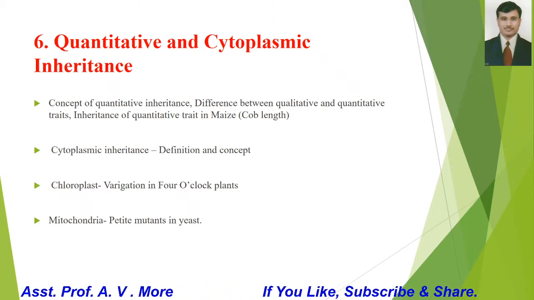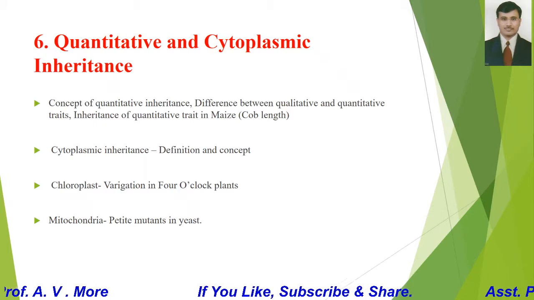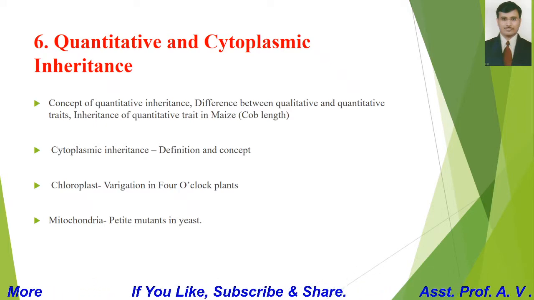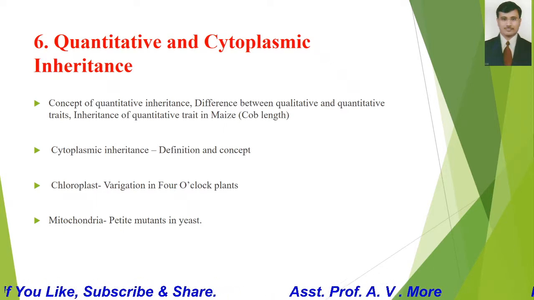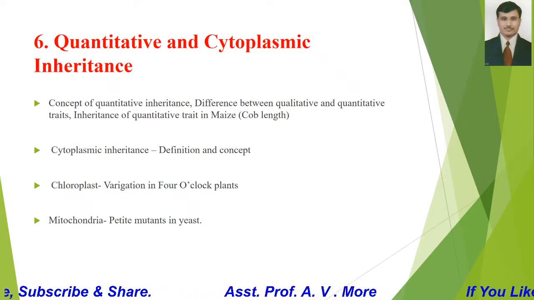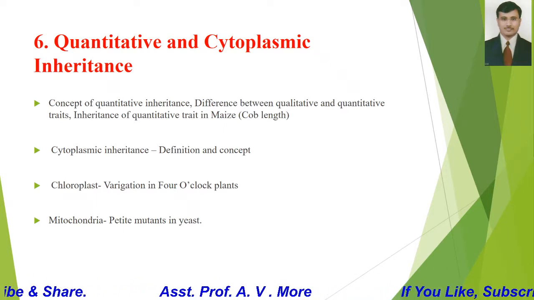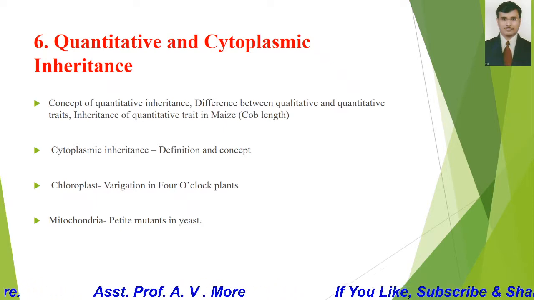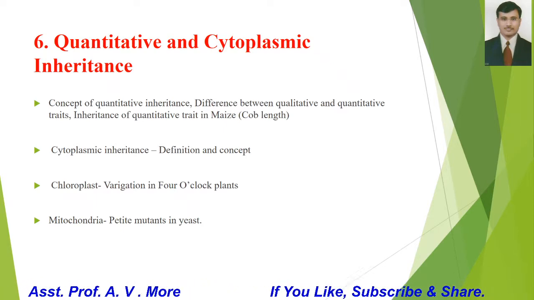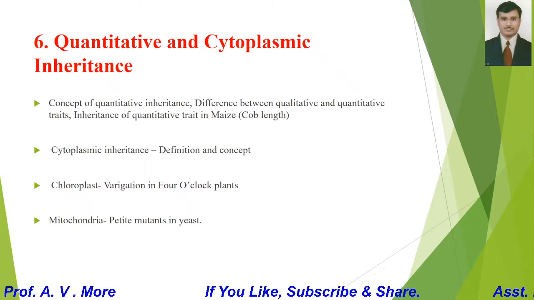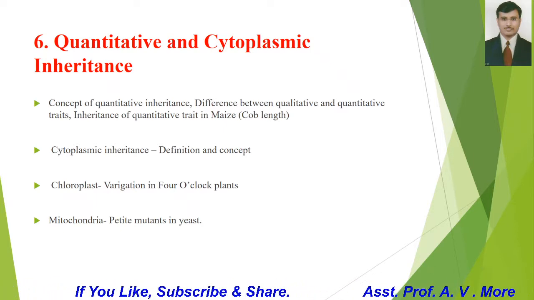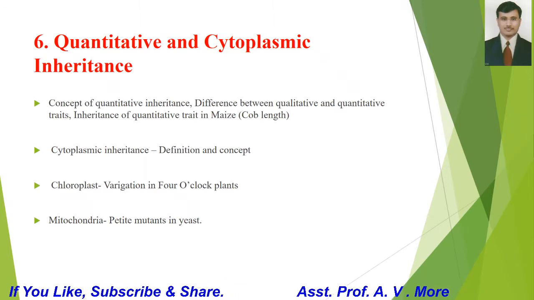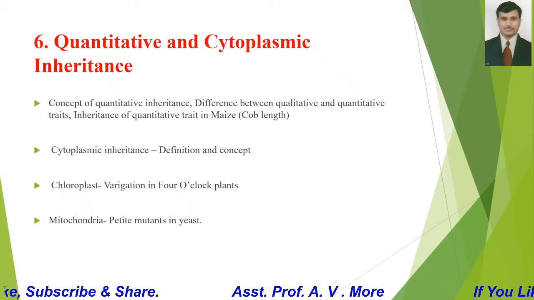In that topic we have to study the definition of cytoplasmic inheritance and its concept. Next one, chloroplast. In that topic we have to study variegation in four o'clock plants, and next one, mitochondria. In mitochondria we have to study petite mutants in yeast. So all those topics we have to study in unit number 6.